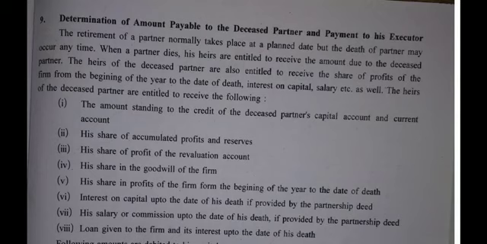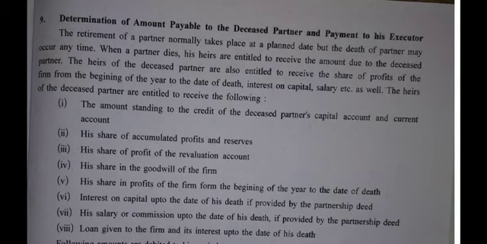The very first thing is the amount standing to the credit of the deceased partner's capital account and current account. This simply means the balance of capital account and current account of deceased partner. Yes, the credit balance. This will be mentioned in the question and this is to be paid to the heirs of deceased partner.